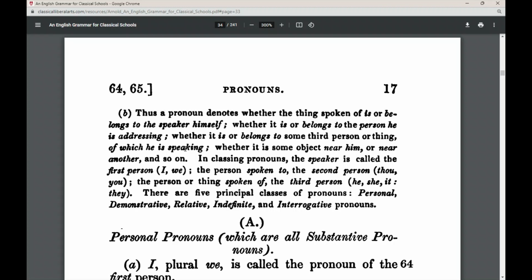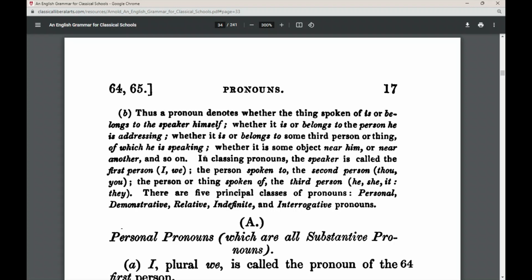And we'll understand what the author is talking about here a little more clearly below. Whether it is some object near him or near another, and so on. You can see these different relationships that are expressed by pronouns.